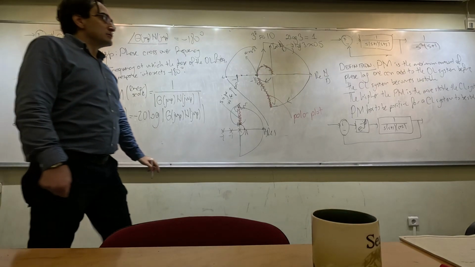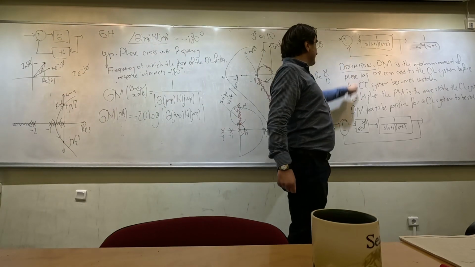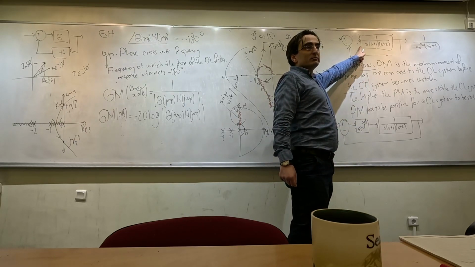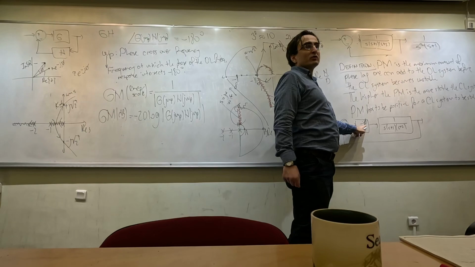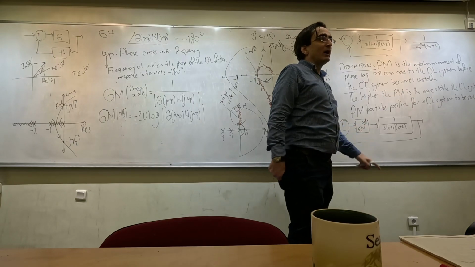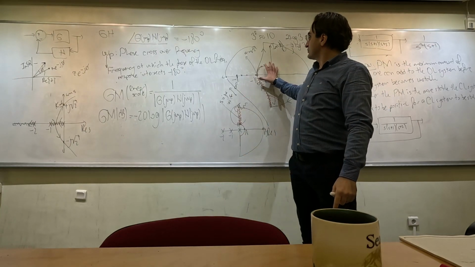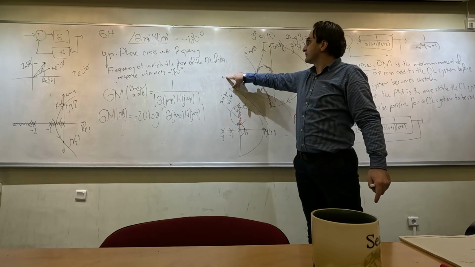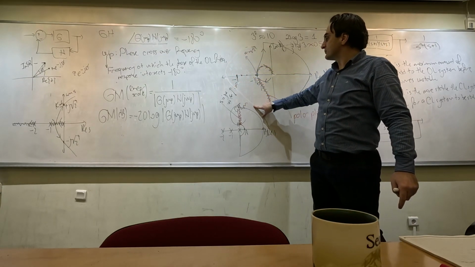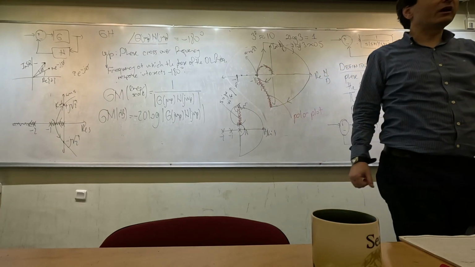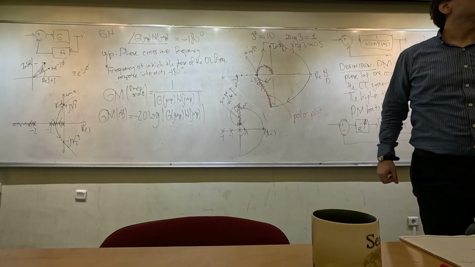The original system corresponds to phi equal to 0. We don't encircle the point minus 1 for the original system. So what happens when I add non-zero phi? What happens to the Nyquist plot in that case?